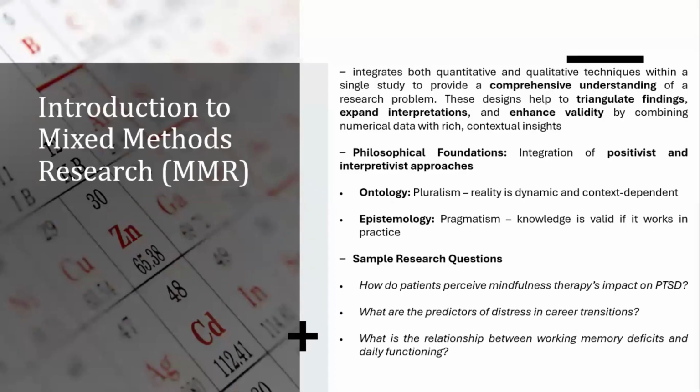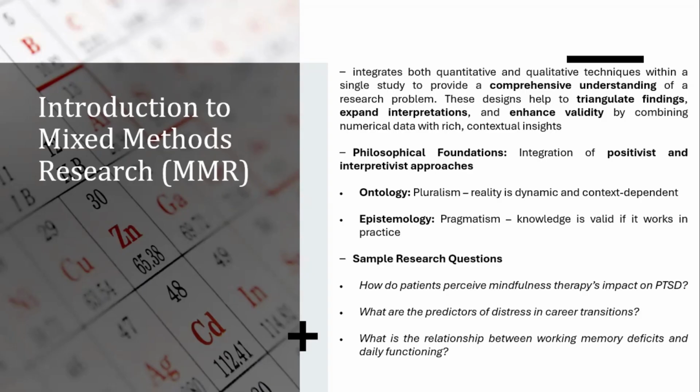Fundamentally, mixed method has to do with combining quantitative techniques and qualitative techniques in one study. So for one study that you want to do, you gather quantitative data, and you also gather qualitative data. You are merging these two into a single study. Now, the approach helps to accomplish different things. For example, it can help us to triangulate findings. We can look at what the quantitative findings are saying and what the qualitative findings are saying, and we can compare and contrast.